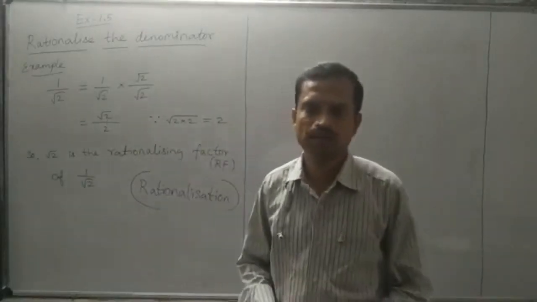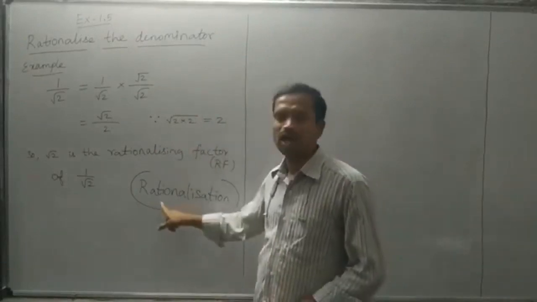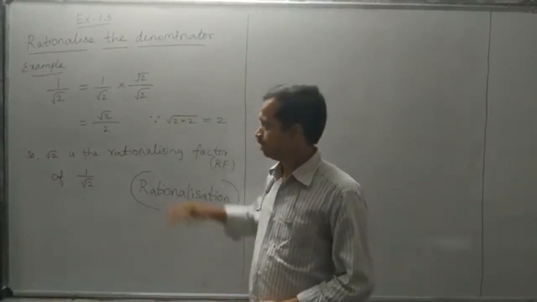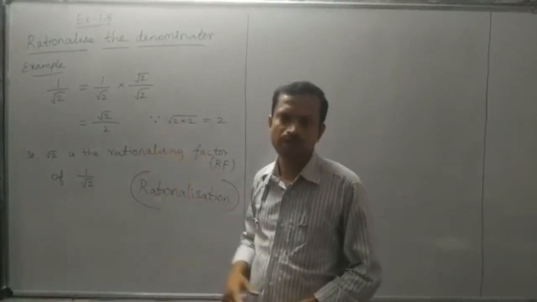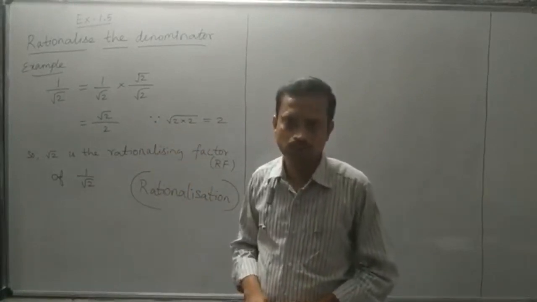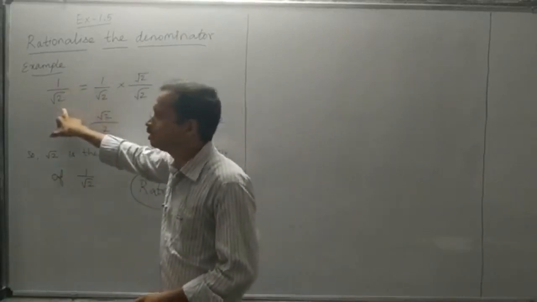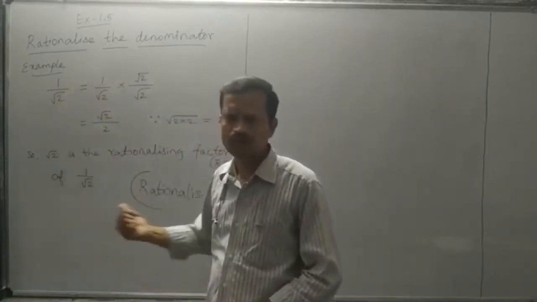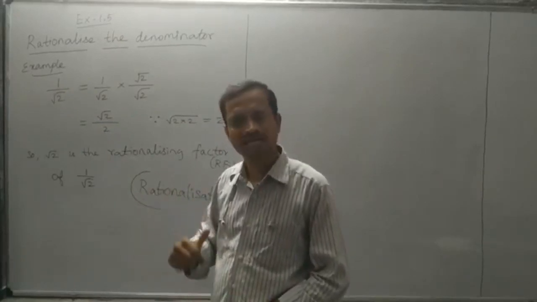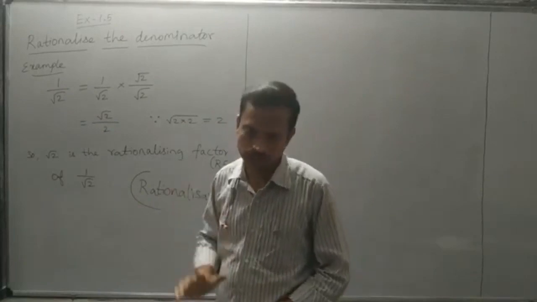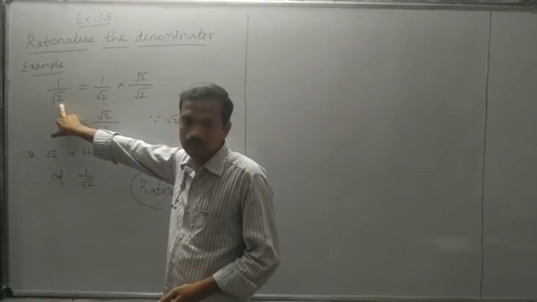Now coming to the next topic, rationalize the denominator, or simply rationalization. First, we see briefly about this topic, and we will move to the next sum. For example, we take 1 by square root of 2. Here the denominator is root 2. Is it rational or irrational? Irrational.